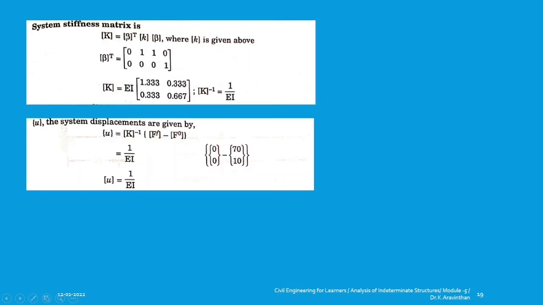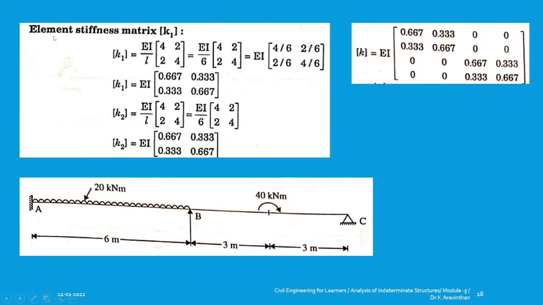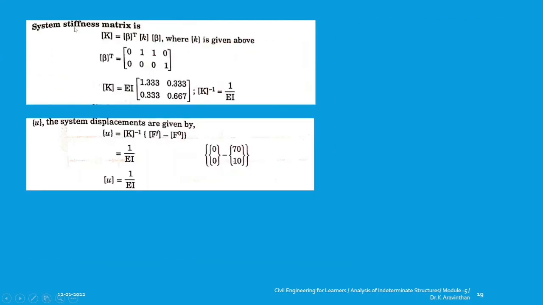And what is the system stiffness matrix? How to find that? Capital K. Find the difference for this step. Element stiffness matrix is small k and system stiffness matrix is capital K. And what is the formula? Beta transpose small k into beta. What is small k? Just now you have found out the element stiffness matrix.